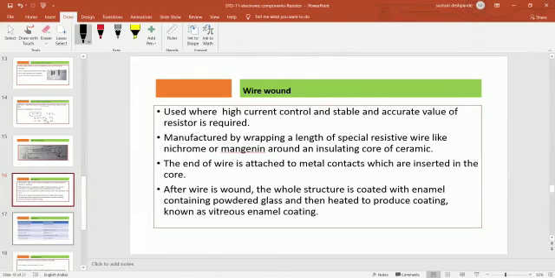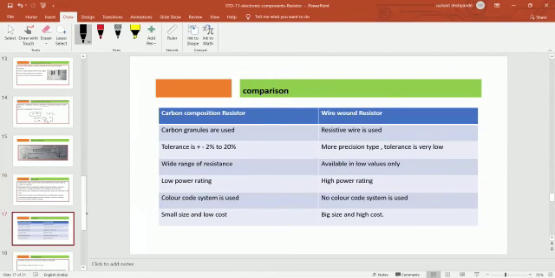Right? Should we move ahead? Okay. Now if you compare the carbon composition resistor and the wire wound resistor, you will find this comparison. Carbon granules are used in one, resistive wire in the other. The tolerance is plus or minus 2% to 20% for carbon; here they are more precise, so tolerance is very, very low.